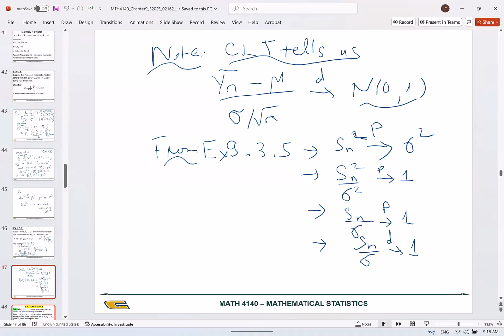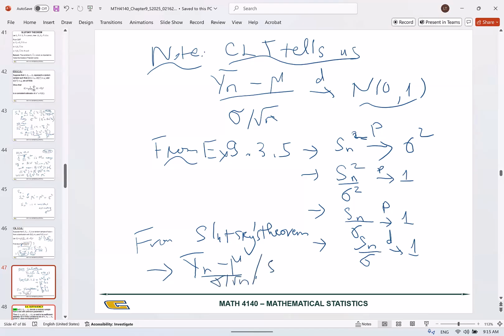So from Slutsky theorem, we can have this guy divided by this guy converging in distribution to normal 0, 1.